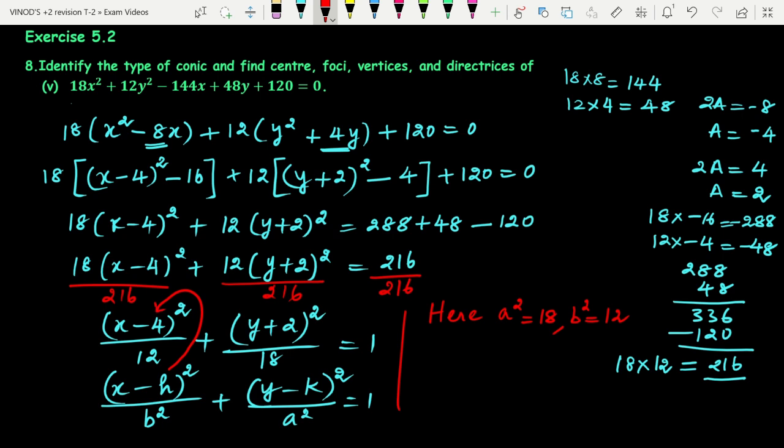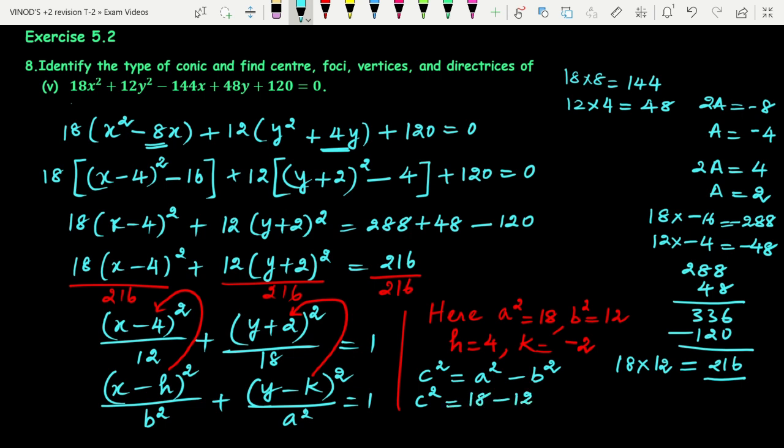And what is your h? Minus h is −4, so h is equal to 4. And k is equal to −2. For the ellipse, the c² formula is a² − b². So c² is equal to 18 − 12, equal to 6.